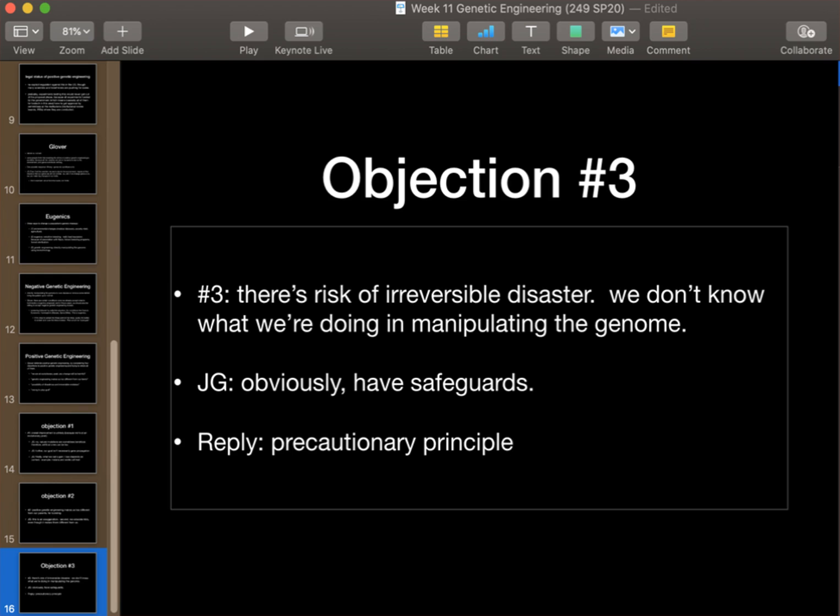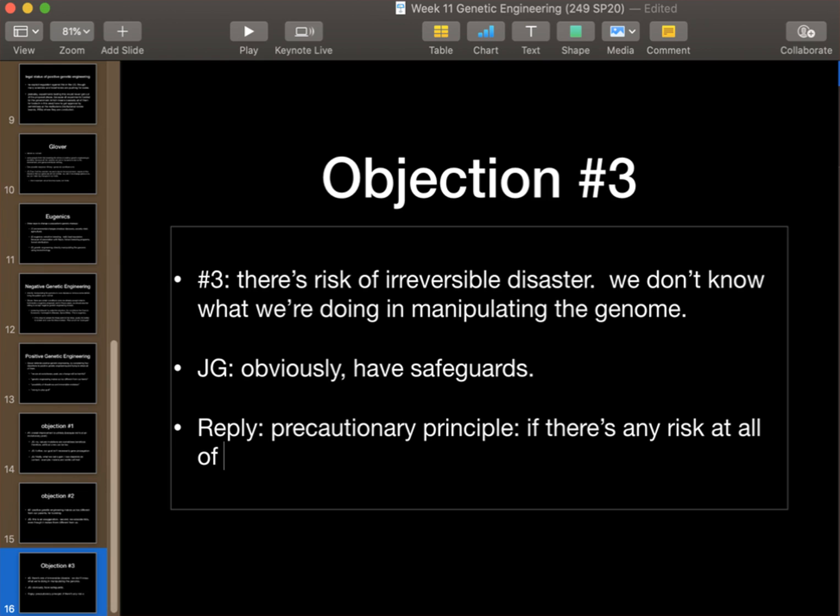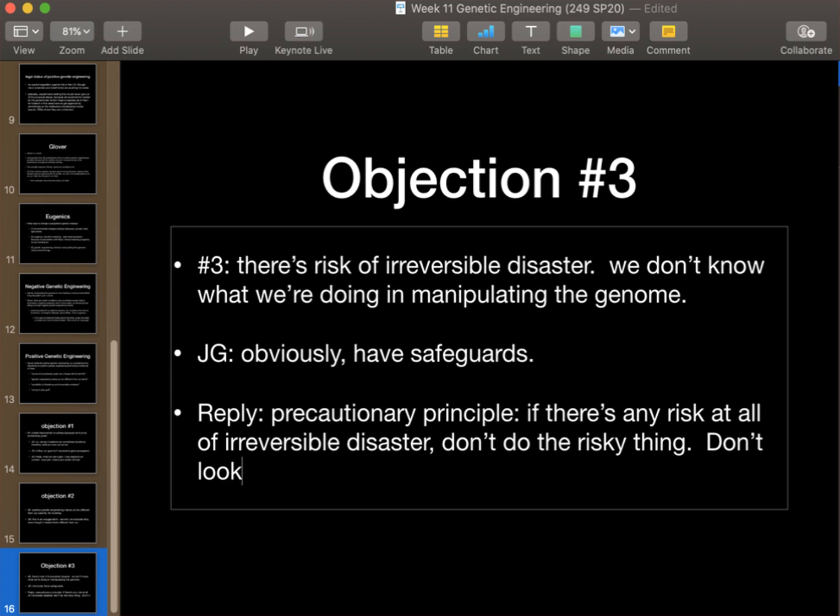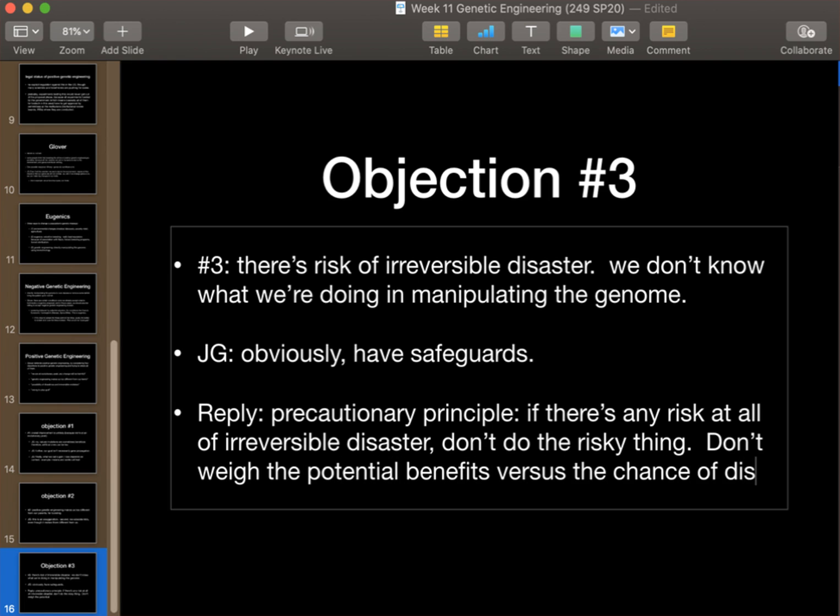The precautionary principle says if there's any risk at all of irreversible disaster, don't do the risky thing. Don't weigh the potential benefits versus the chance of disaster.